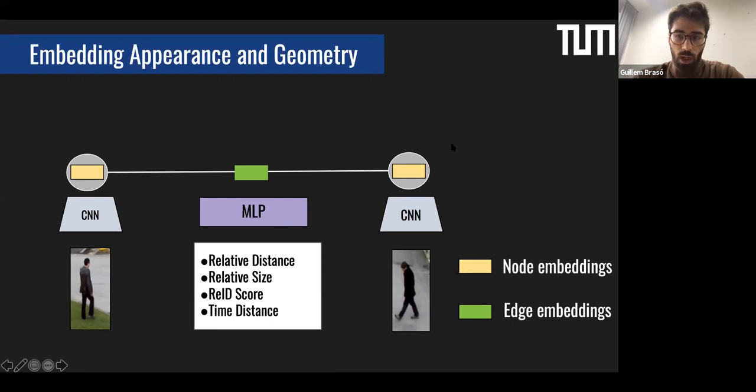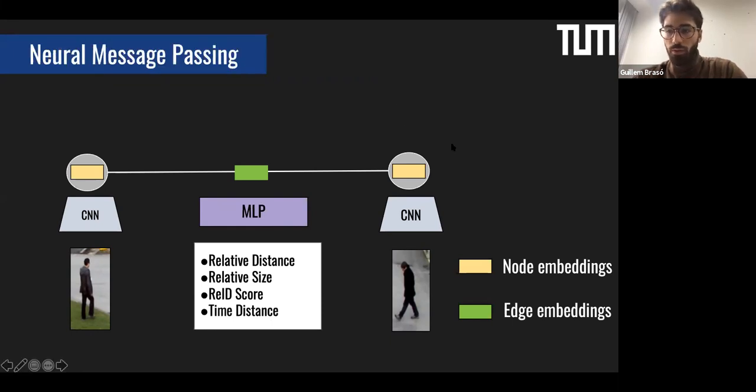Now, once we have a vector for every edge and node in the graph, we want to combine them across the graph. The way we do this is with the neural message passing process, or graph network; there are several names for it, and they are all more or less the same.